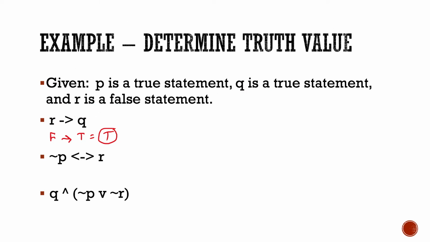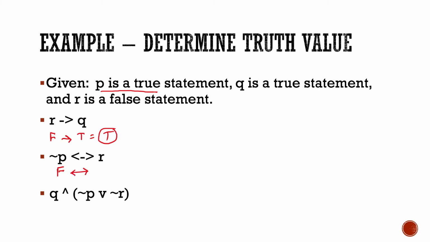Okay, so the next one, we need to look at the negation of P. We know that P is true. Remember that when you move from the original statement to the negation, you change the truth value. So if P is true, the negation of P is going to be false.